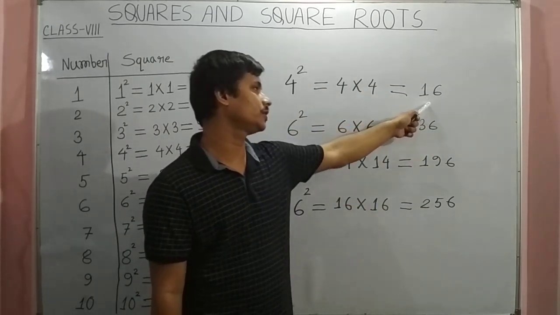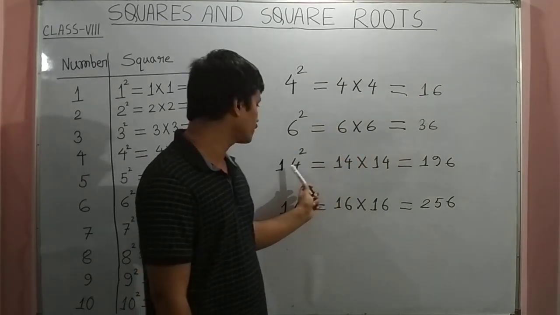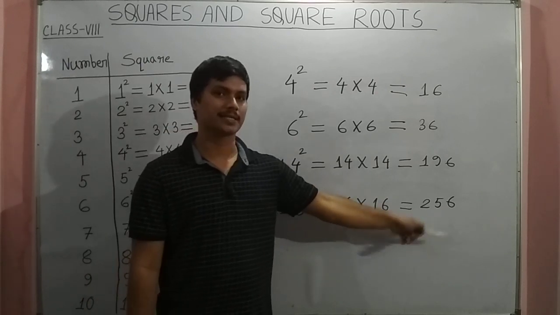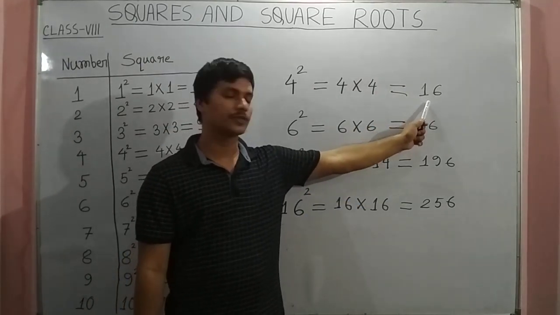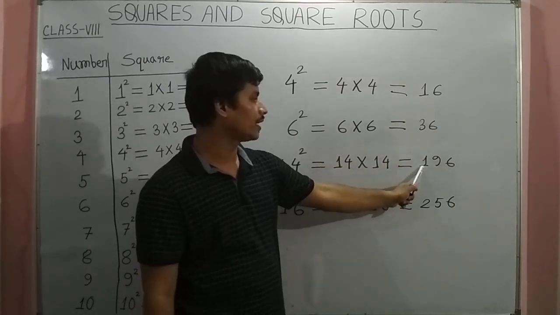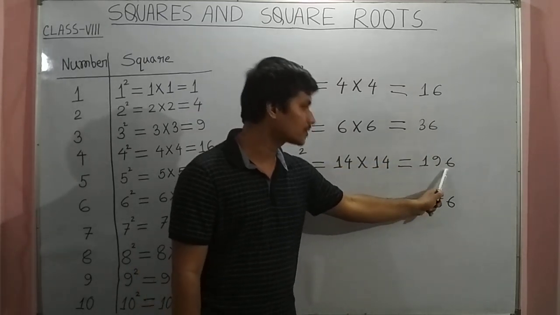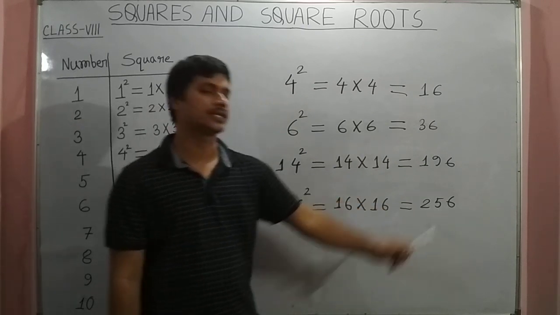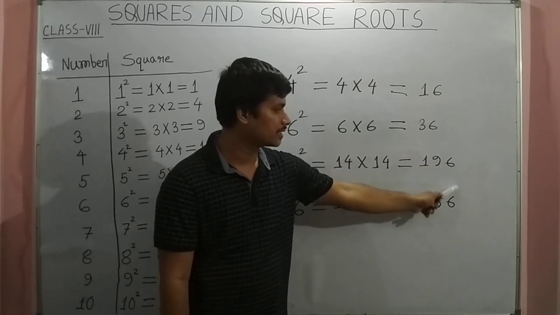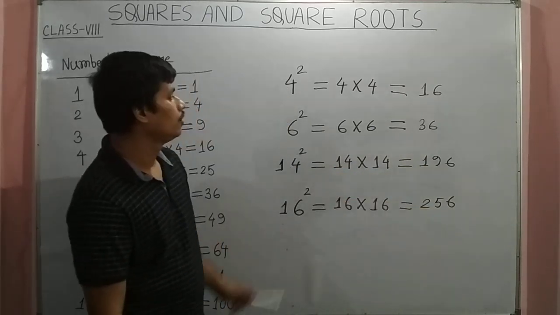Square of 4 is 16, square of 6 is 36, square of 14 is 196, square of 16 is 256. Unit place of 16 is 6, of 36 is 6, of 196 is 6, of 256 is 6. That means all these squares have unit place 6.